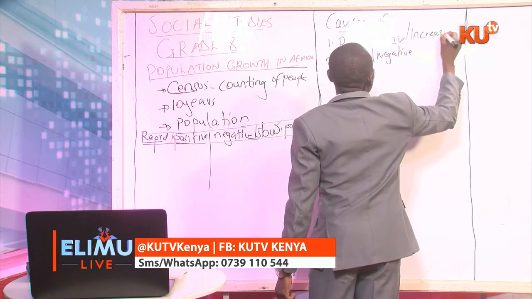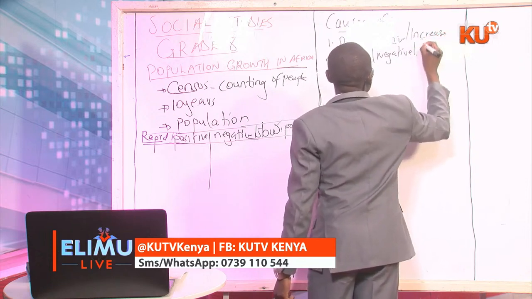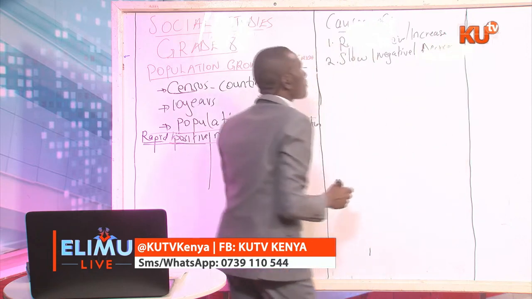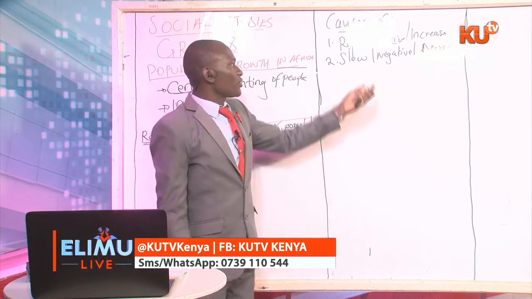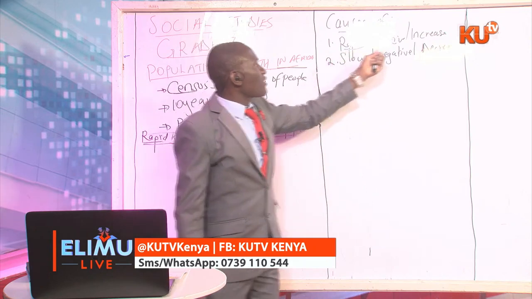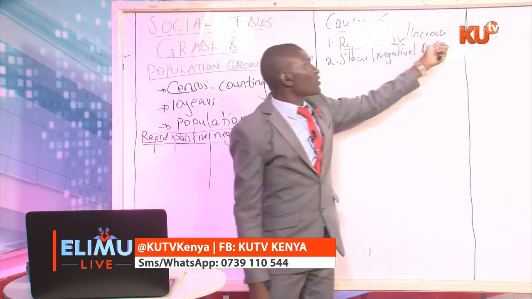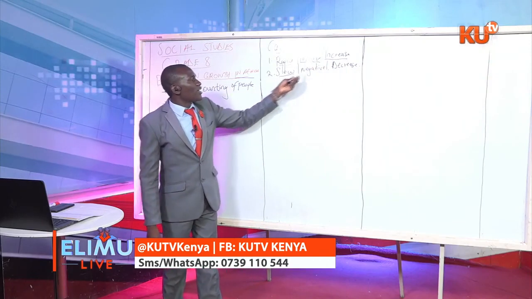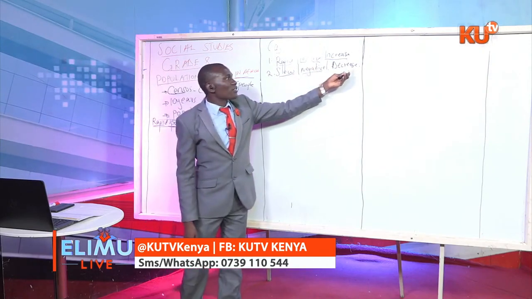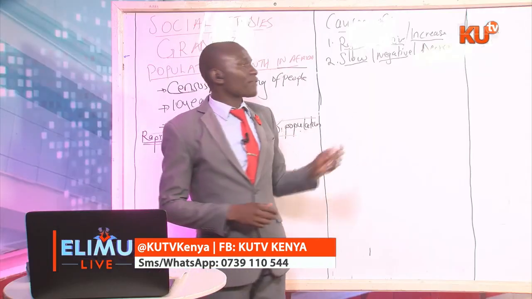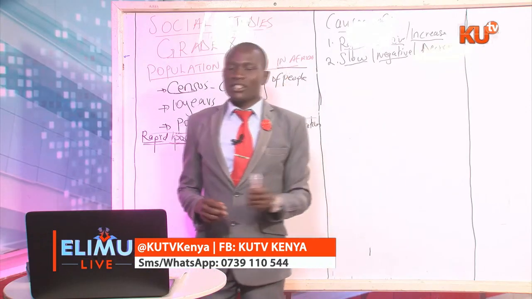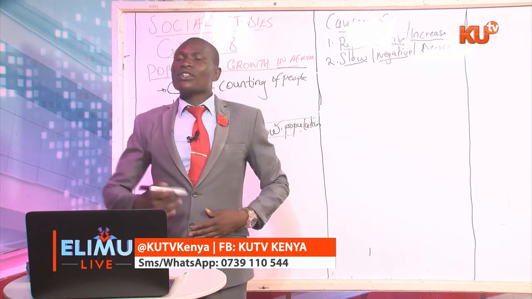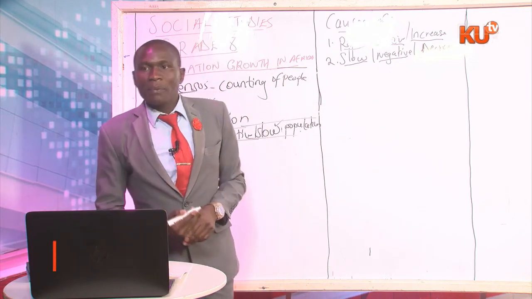Rapid means to increase and slow means to decrease. Why am I using these terms? It's because sometimes you will find examiners using rapid, others using positive, others using increase. Others will use slow, others will use negative, others will use decrease when we are referring to negative population growth.